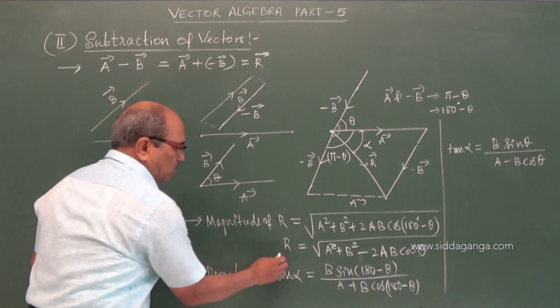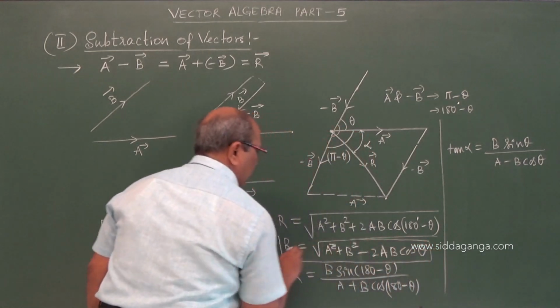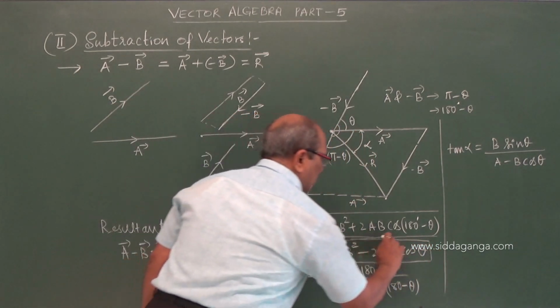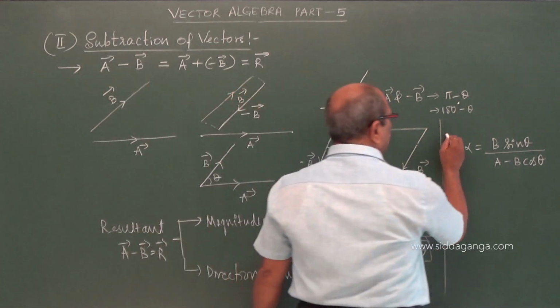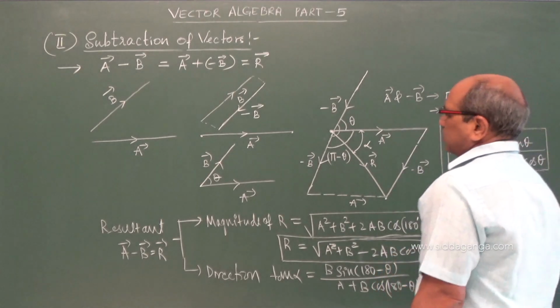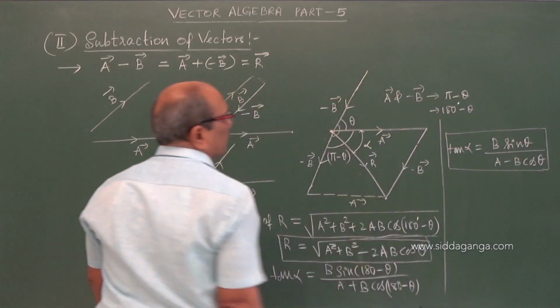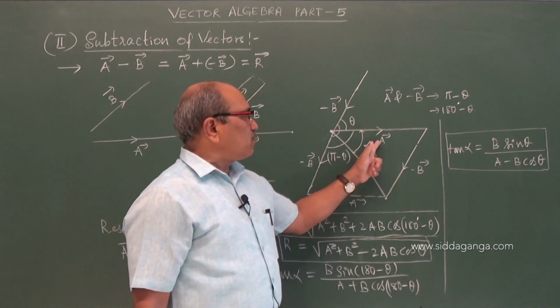So this is the expression for magnitude, and this is the angle made by the resultant with respect to A in subtraction of vectors, where I am subtracting vector b from a.